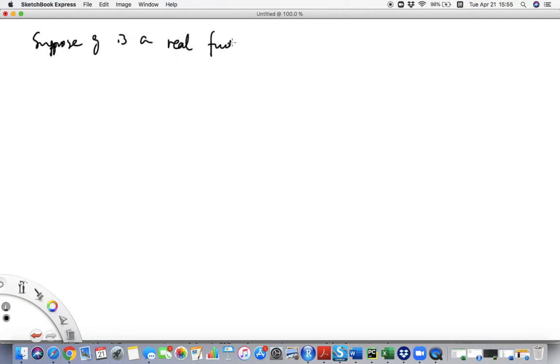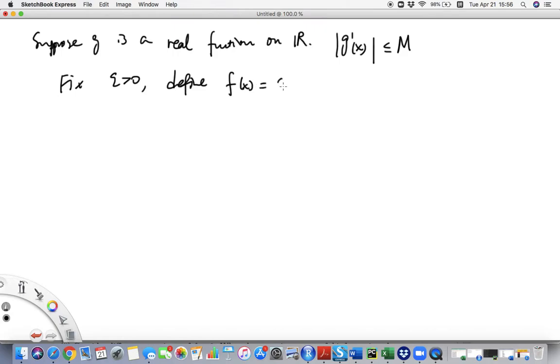Okay, next problem. Suppose g is a real function on R with bounded derivative, so the absolute value of g prime of x is bounded by some fixed number M. Fix epsilon greater than 0, and define f of x equals x plus epsilon times g of x.